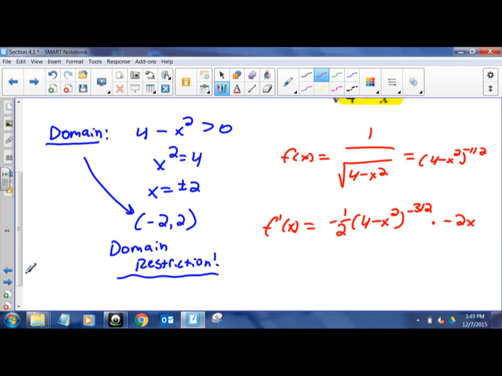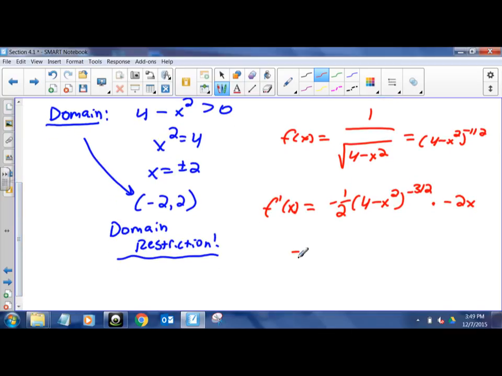Okay? Now if I were to clean this thing up a little bit, let's put this on the bottom. The 2's are going to cancel. Let's keep the x on top, and let's put the 4 minus x squared to the 3/2 on the bottom, and the negatives are gone, the 2's gone. It looks like that's my derivative.